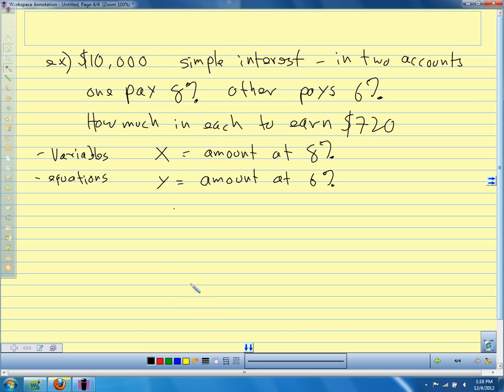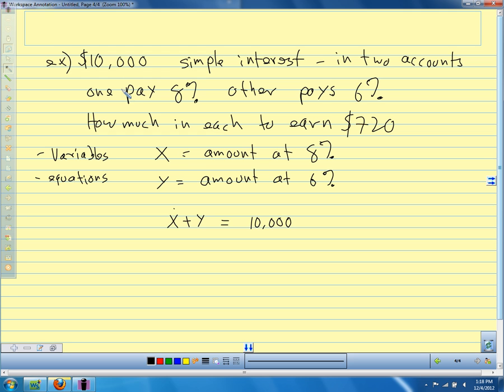What's the total that we have to invest? $10,000? X plus y. So we're splitting our investment up. This is a certain amount of money, and this is a certain amount of money. So if we add it all together, it has to equal $10,000. No matter how we split it up, if we add it back together, we end up with $10,000.